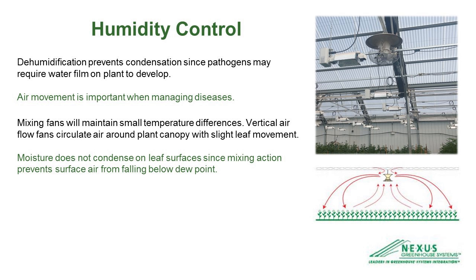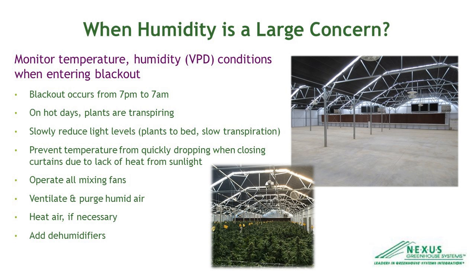So when is humidity the largest concern? I tell most people to be most concerned with their humidity during the evening hours going into blackout. Blackout typically occurs from 7 p.m. to 7 a.m., but it might be shifted to 6 to 6, depending on what time of the year you're growing. On hot days when plants are transpiring, say it's July and it's 7 p.m. in a northern climate, where it's really hot, those plants are still transpiring pretty heavily.